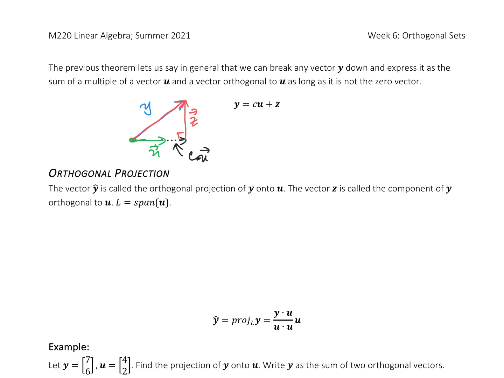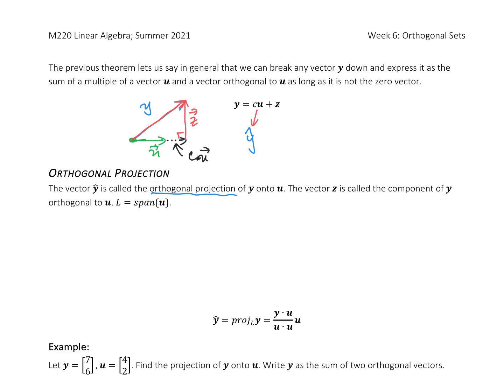Now, what we're going to do is redefine this c times u, and we call this y hat. And this y hat is called the orthogonal projection of y onto u.